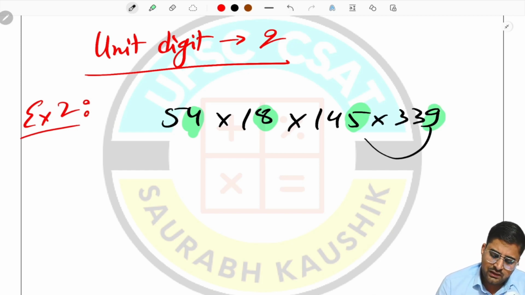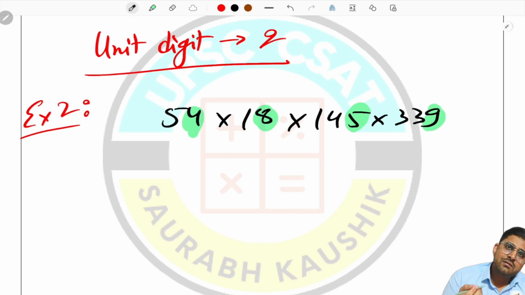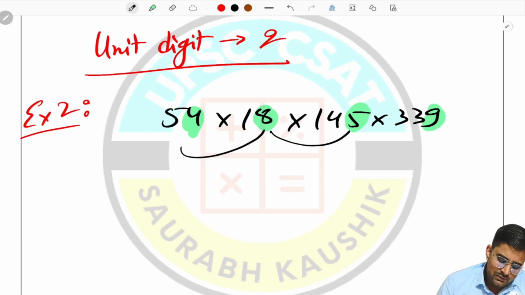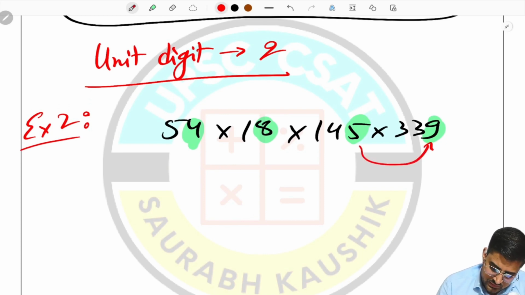Because 9 into 5, the unit digit will give me 5 only. 45, the unit digit is 5. Now it becomes 0. Whatever is multiplied by 0 is 0. See, if you multiply these two, it will give you 45.